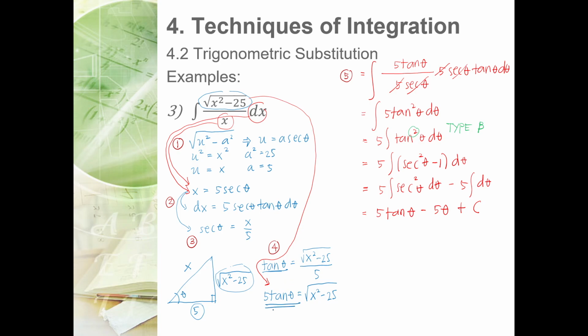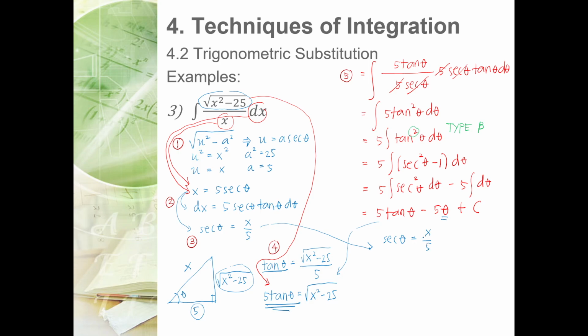So automatically this one is equal to square root of x squared minus 25. So how about theta? Where do we get theta? We get theta by using the formula: secant theta is equal to x over 5.